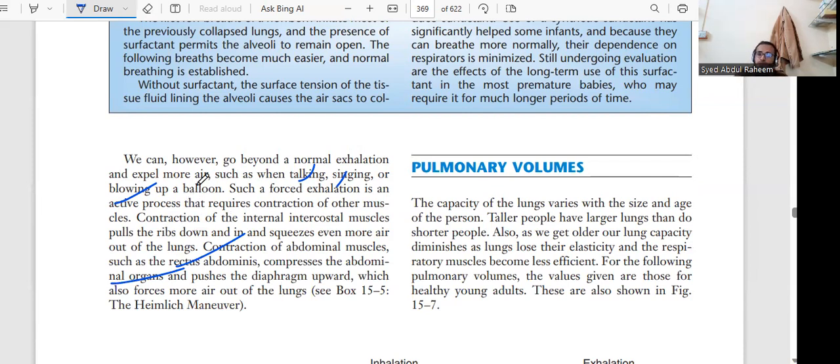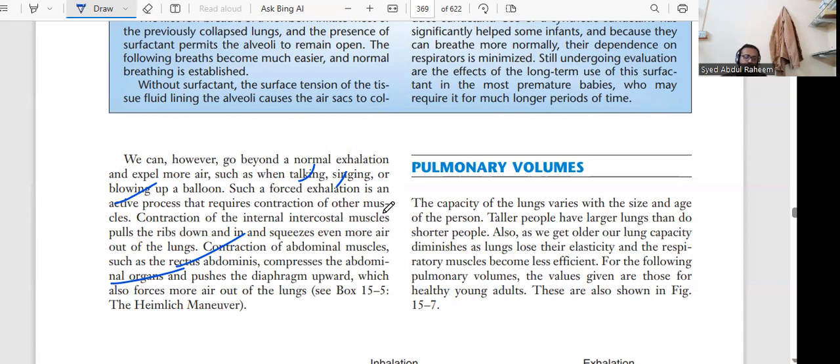Singing, blowing a balloon need more active energy. Okay, to exhale more air, we need more energy because we are expelling air from the body more than our requirement. We need other muscles to support this.